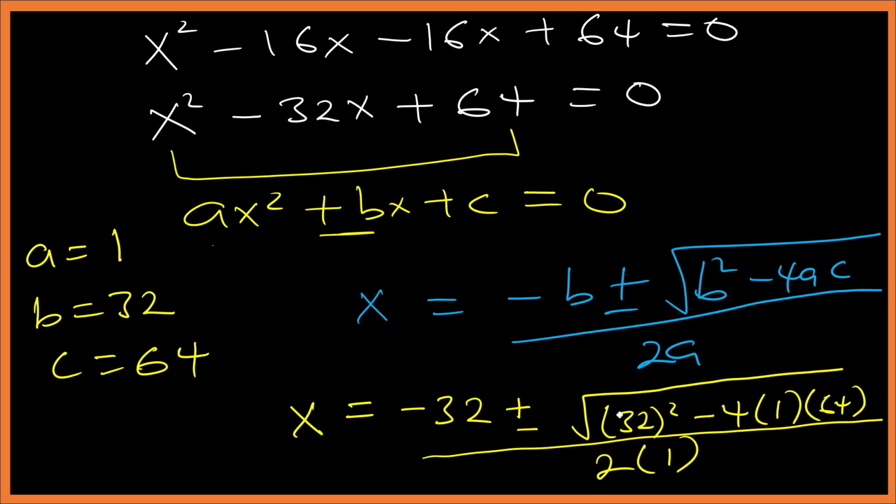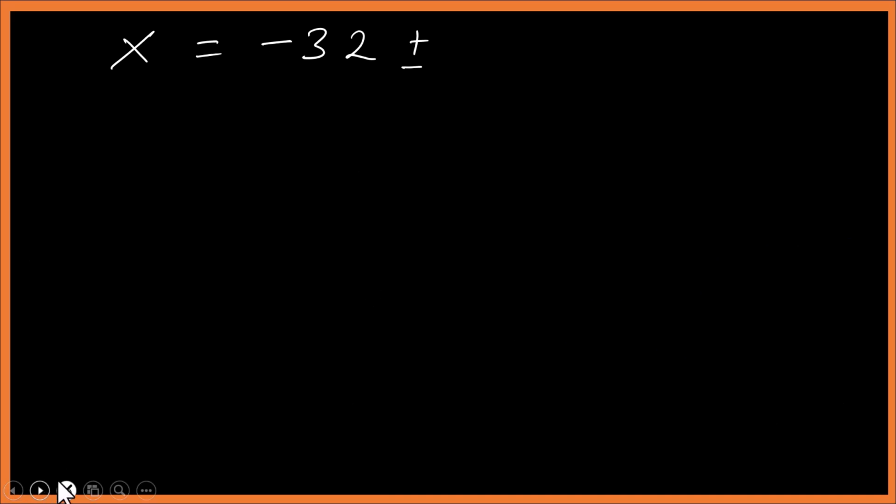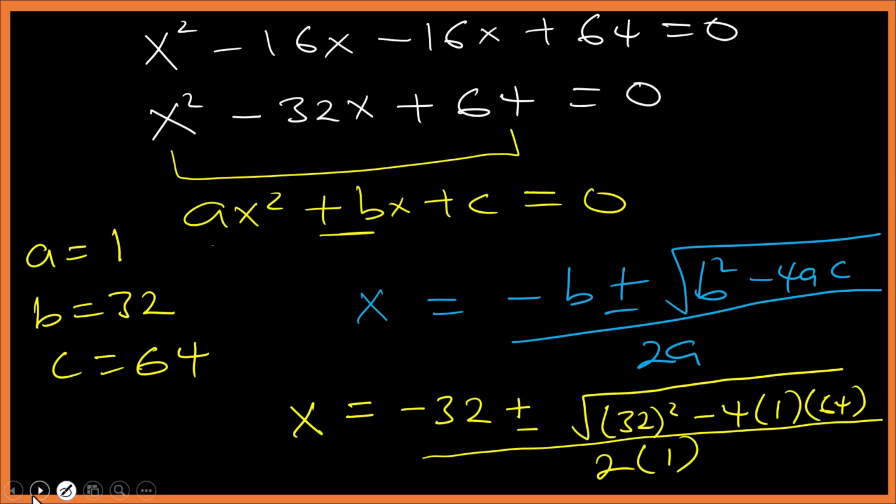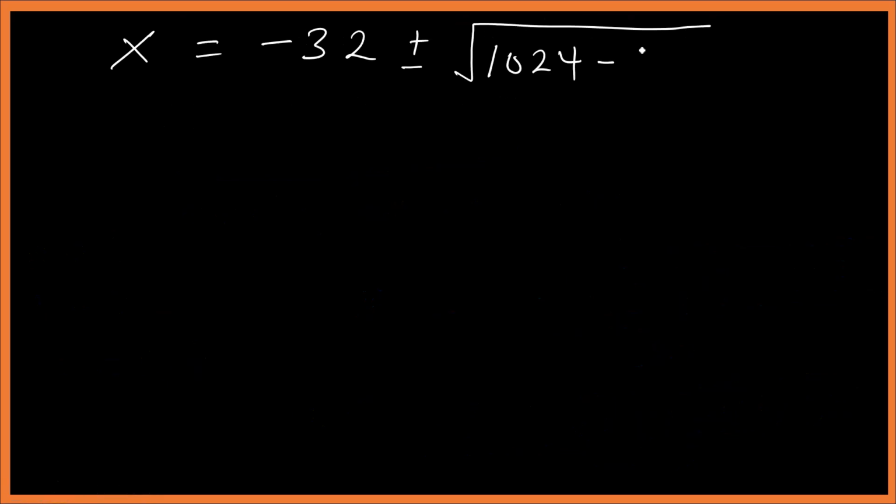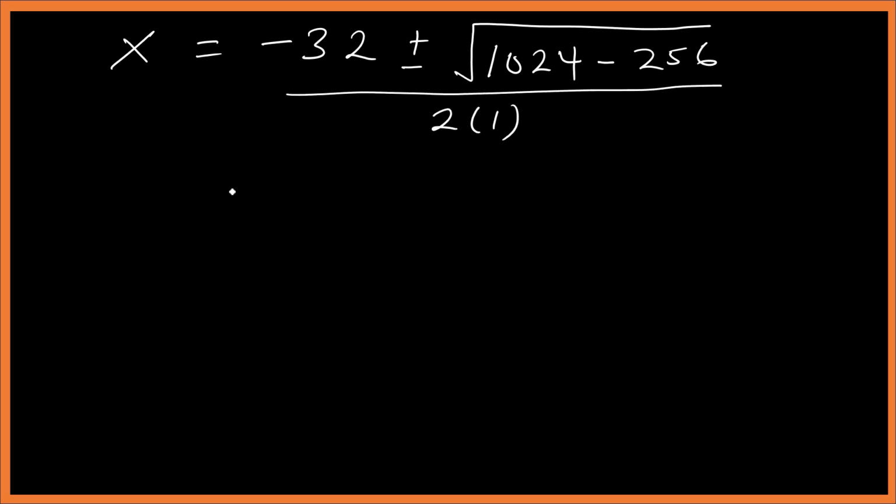On the calculator, 32 squared is 1024. Then minus 4 times 64, which is 256, all over 2 times 1, so this side will be 2.